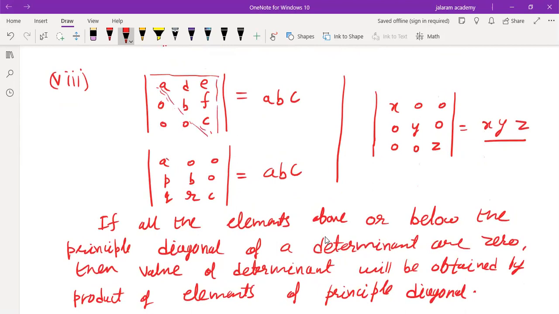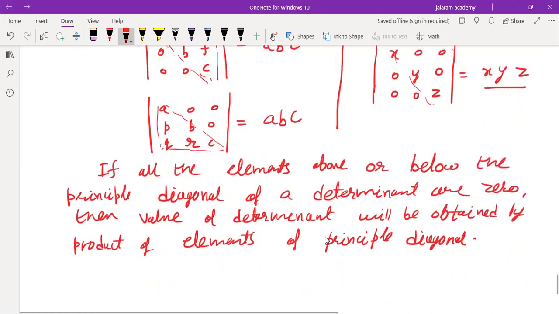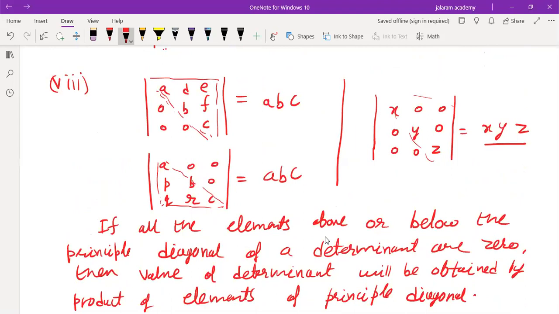This type of matrix is called lower triangular, and this can be called only the diagonal matrix. This is an upper triangular matrix.